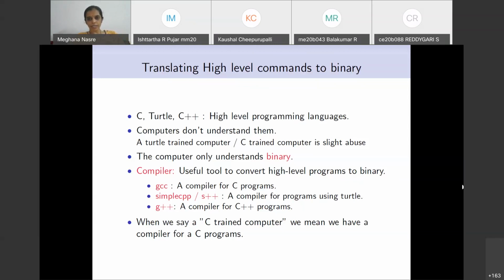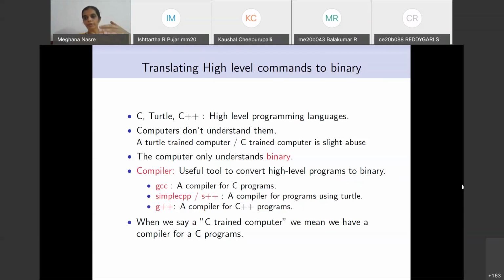I have not tried that, but you will have to use something specific to the C++ programming language. So exactly the same code won't work. The same code will not be compilable using GCC and simple CPP. You will have to change some minor things.